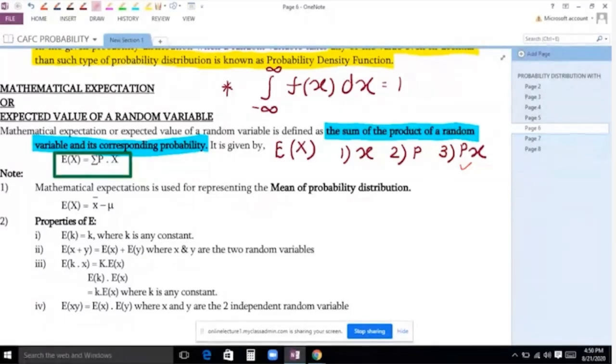A positive, B negative, C 0, D all above.